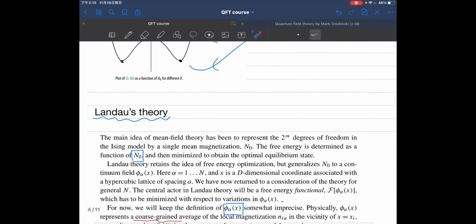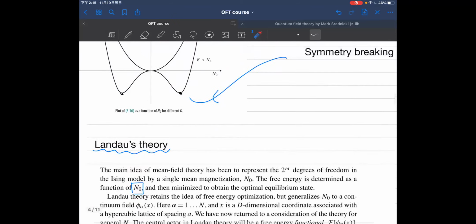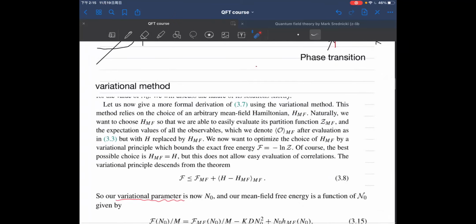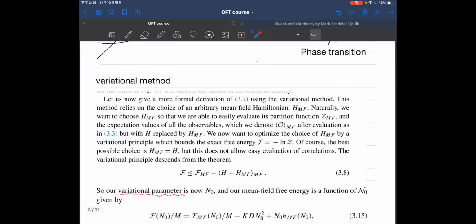Then we consider the Landau theory. You can regard all of this discussion as a kind of approximation. The mean field theory is nothing but using one parameter to replace the large degrees of freedom. The degrees of freedom are the spins themselves, spin up and spin down.